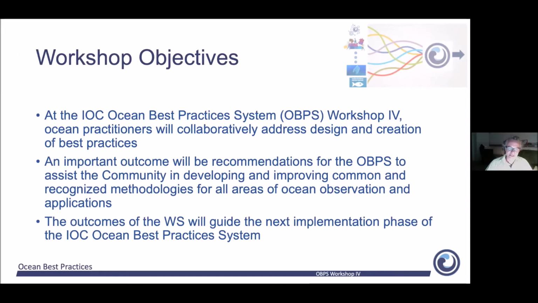As Jay just said, an important outcome will be recommendations for the Ocean Best Practices System. And these recommendations should help us to assist you, the community, in developing and improving common and recognized methodologies for all different areas of ocean observing and the applications that come with it.